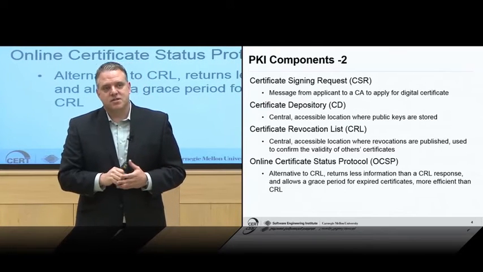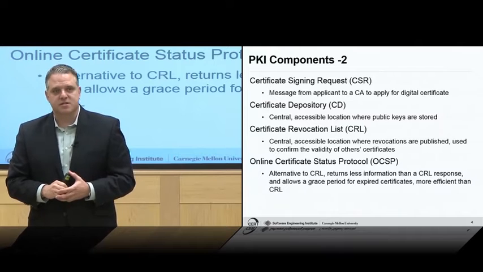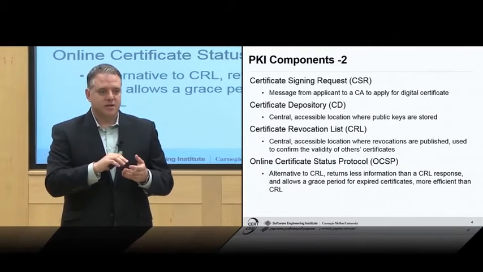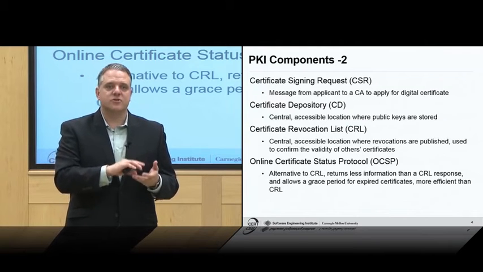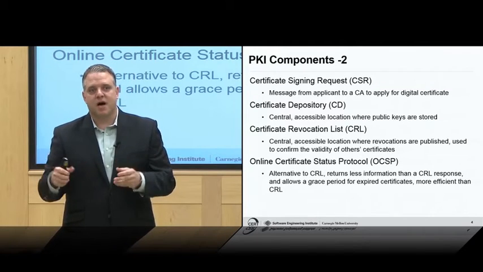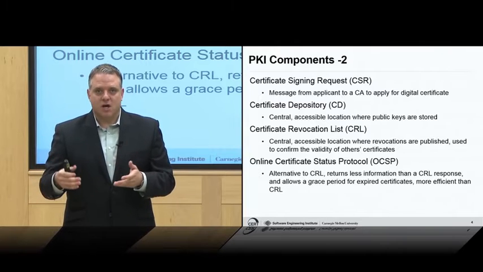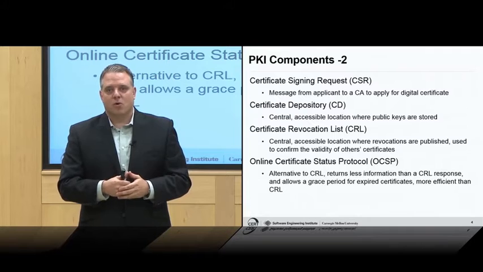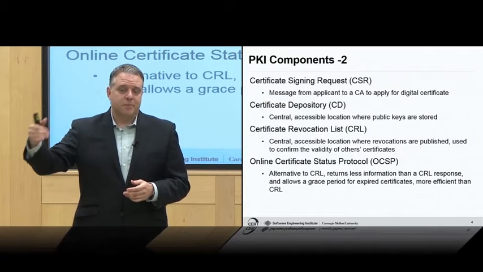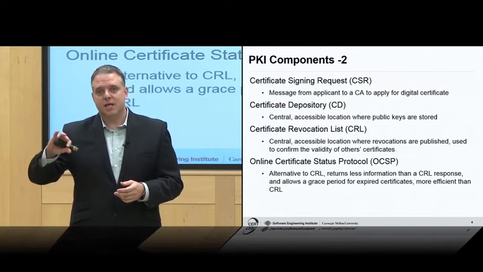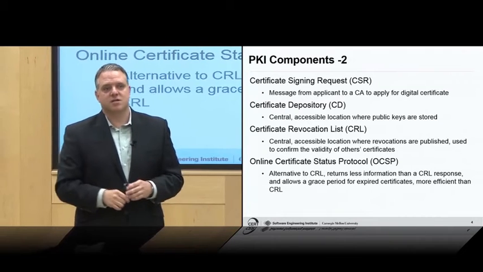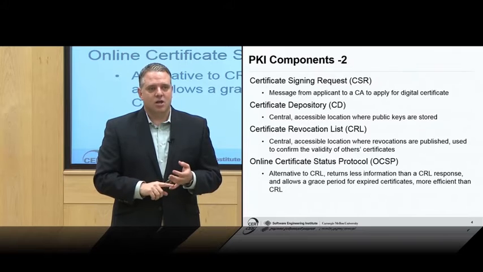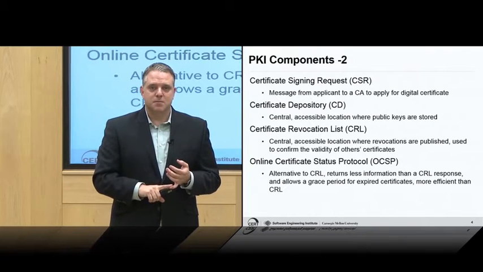And then two other methods here. The certificate revocation list, the CRL, is how we determine whether certificates are revoked, expired, or otherwise invalid. As a certificate expires or is compromised, it will be put into the certificate revocation list, and anybody can check that to see if my certificate is still valid. The last one is related to that, the Online Certificate Status Protocol, OCSP.